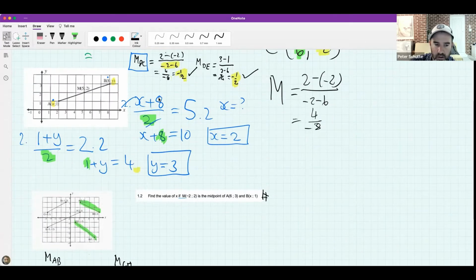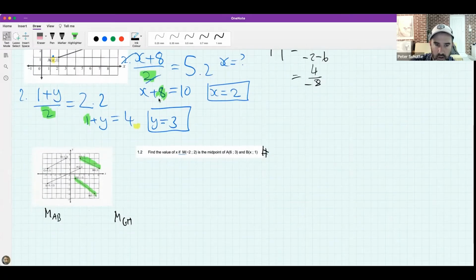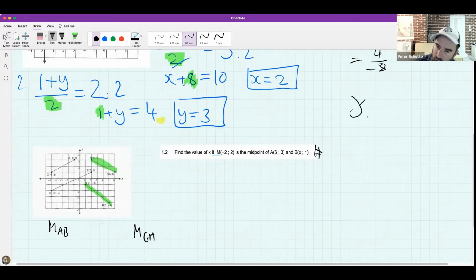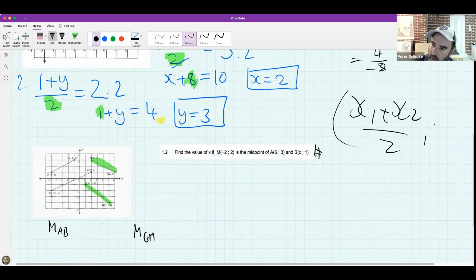Okay, so going back to the formula, it's x2 plus x1 and everything. So, finding the x values, isn't it 6 plus 2 and not 6 plus 6? Or do I have the wrong values down?